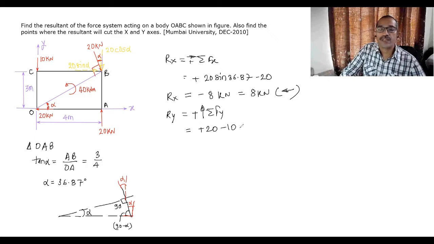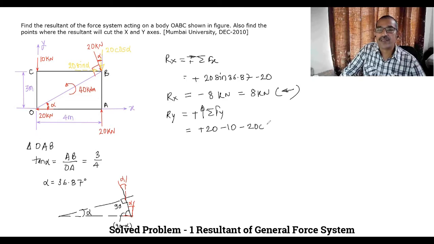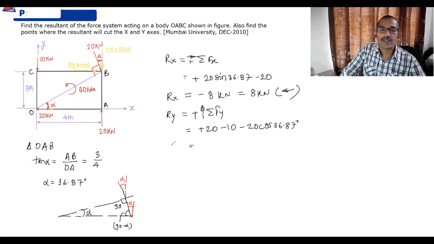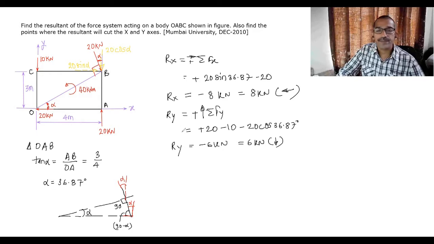At B the force acting is again minus 20 cos alpha, where alpha is 36.87. Ry, if we calculate, comes out to be 6 kilonewton, but this is again a negative answer, minus 6 kilonewton. That means 6 kilonewton downward. So Rx and Ry you are getting, right?